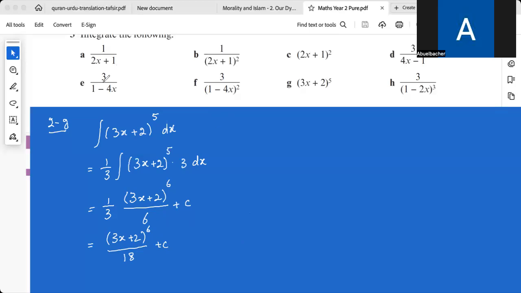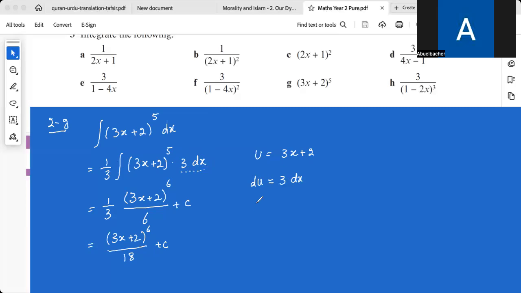Yeah. So sometimes they say to use the substitution method. So in that case, you have to consider that u is equal to 3x plus 2, and then you can see du is equal to 3 dx. So we divide and we multiply by 3, so you can say this 3 dx is going to be du.